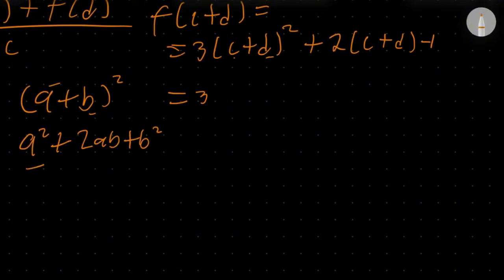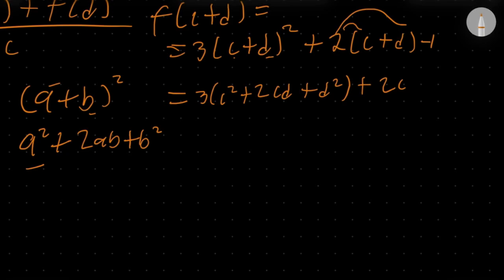Now, our a squared here is c squared, right? c squared, and our 2ab here is 2 times cd, plus d squared, plus 2 times c is 2c, 2 times d is 2d, minus 1.